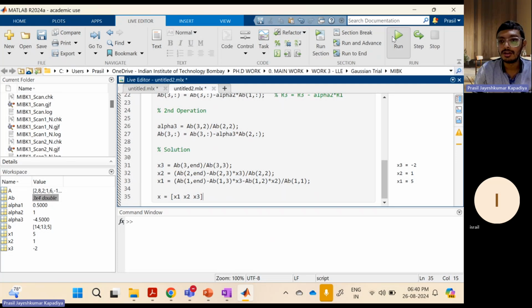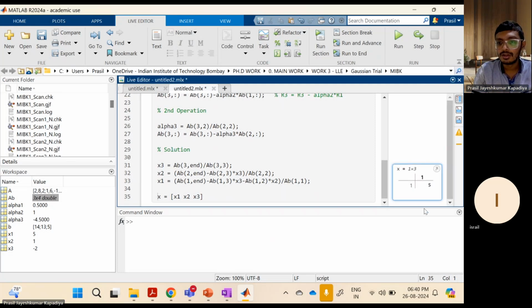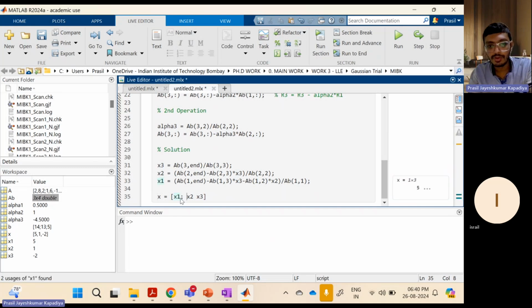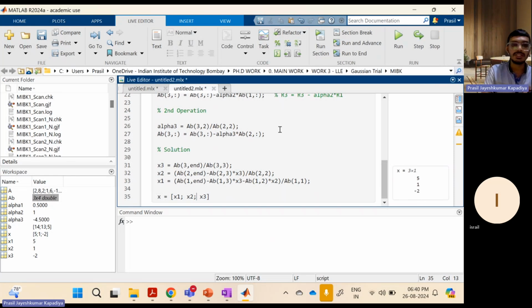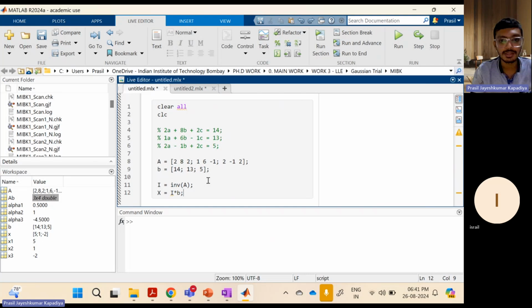So it will just print values horizontally. Okay, let me put it in column form. 5, 1, minus 2. So this is our solution. So this is how we can solve our equation using this Gauss elimination method, and this was the inverse matrix method.